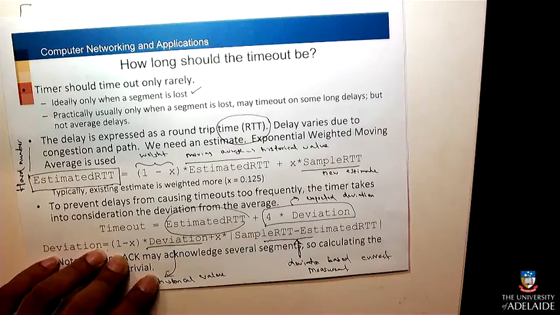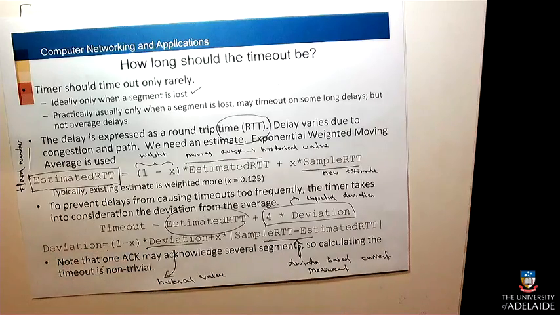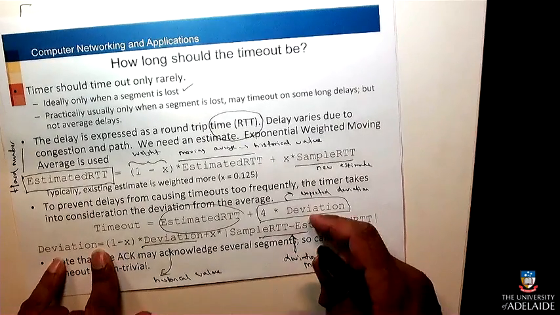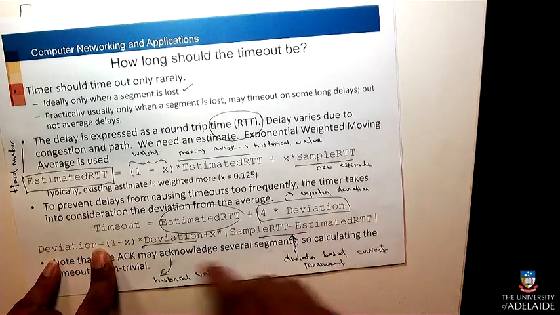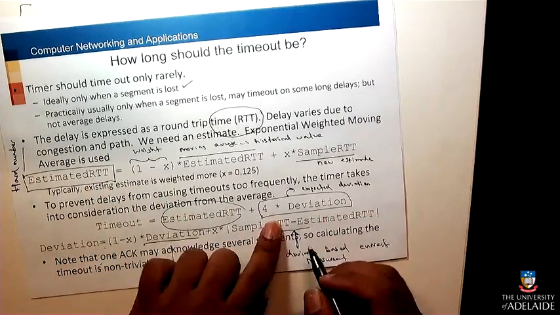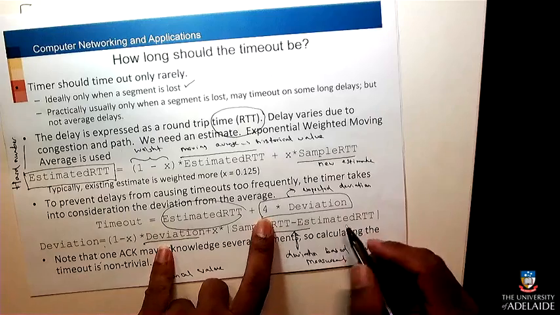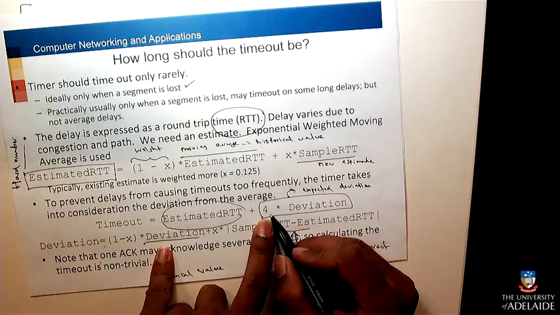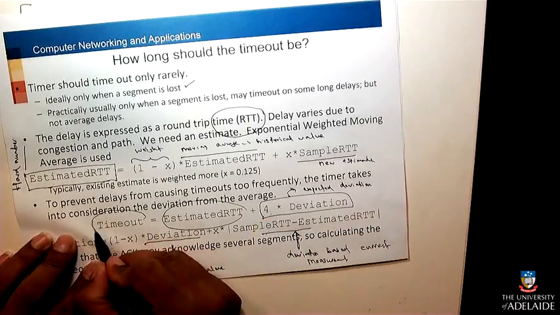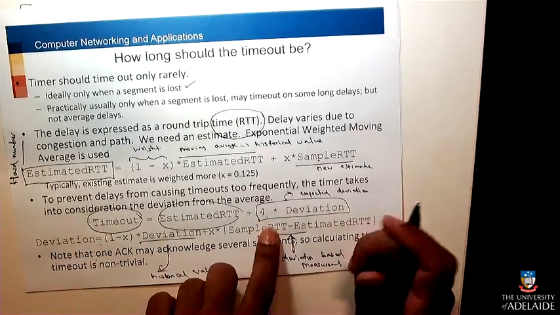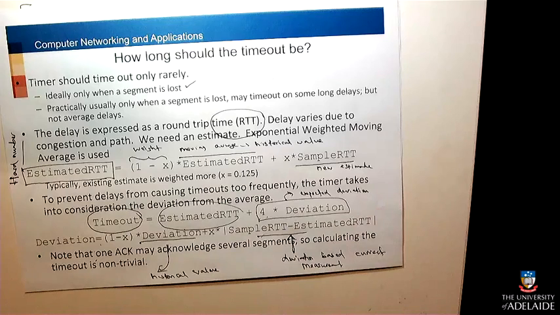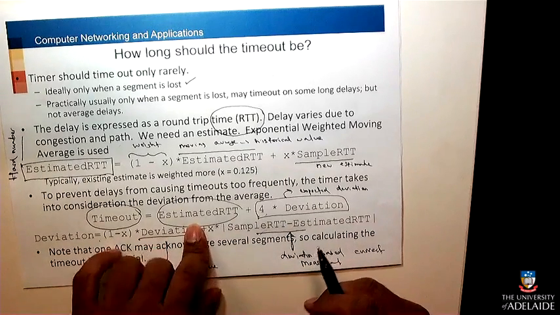So it tries to determine how best to evolve this deviation from the estimated RTT. And you can see it's very conservative, because you take 4 times the deviation as your timeout interval, not 1 time or 2 or 3. It's like saying 4 times the standard deviation is what you're happy with.